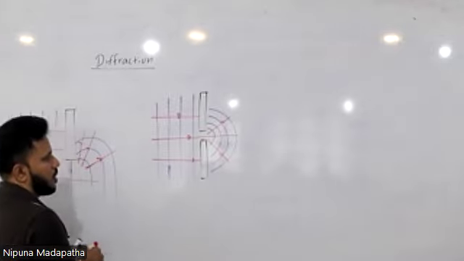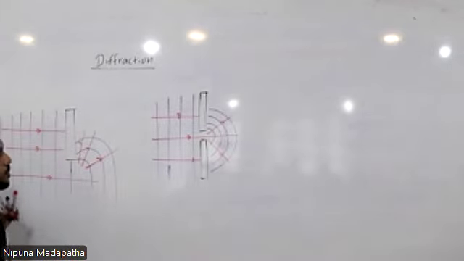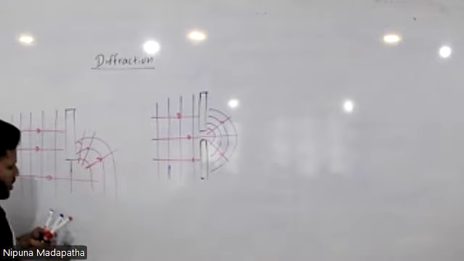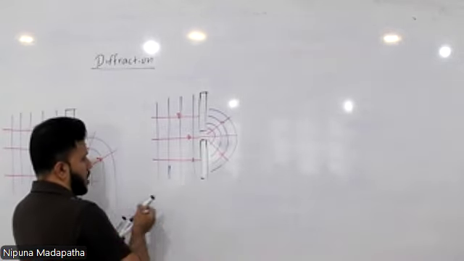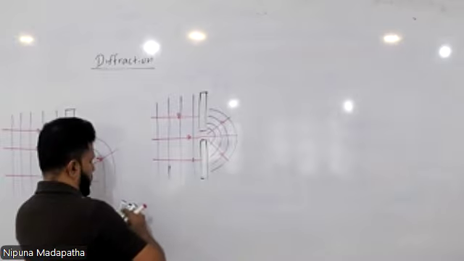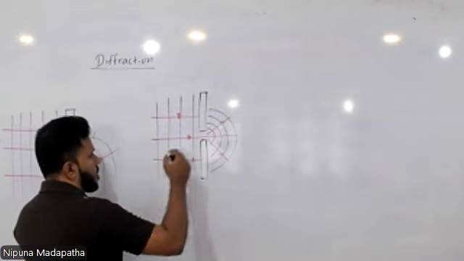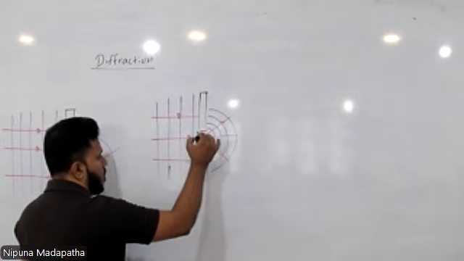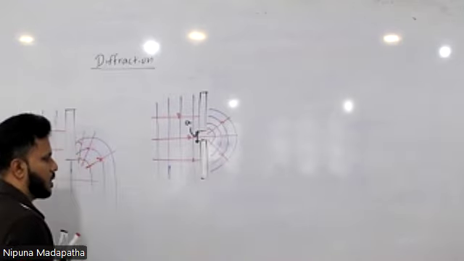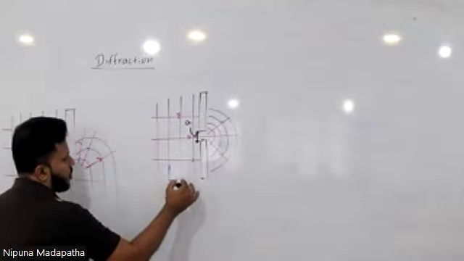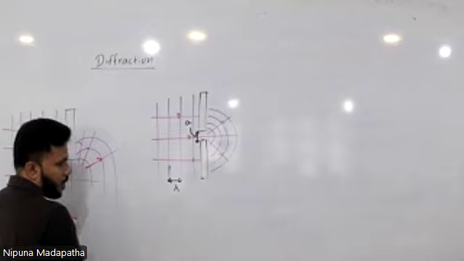diffraction. Right? So in order to observe pronounced diffraction, there's a condition that this wave should satisfy. Suppose the size of this aperture, this obstacle or this hole, is equal to a, the width of the hole, and the wavelength of the wave is lambda.